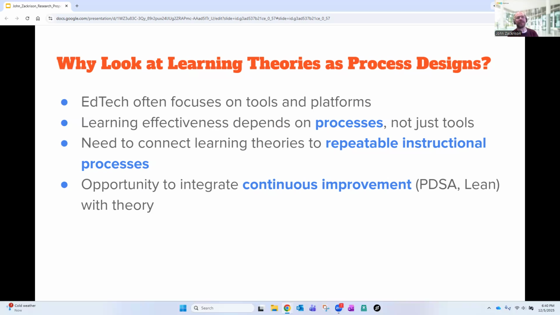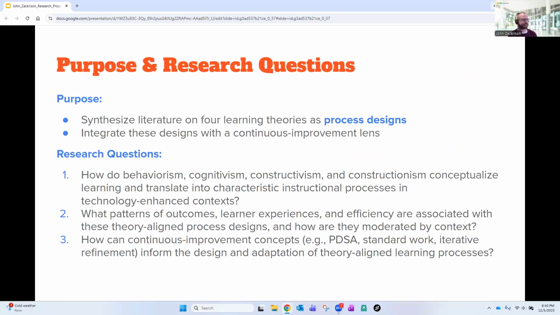We want to bring these two worlds together. Learning theory and continuous improvement can help. If we bring these together, we can help instructional technologists design processes that are effective, efficient, and therefore systematically improvable. That's the whole point.